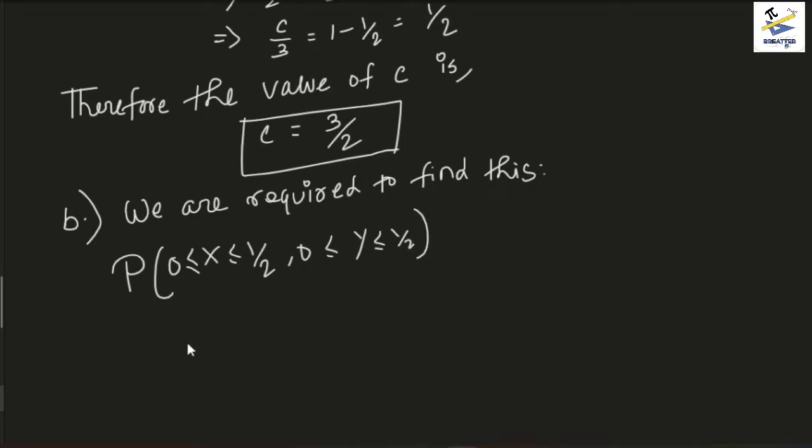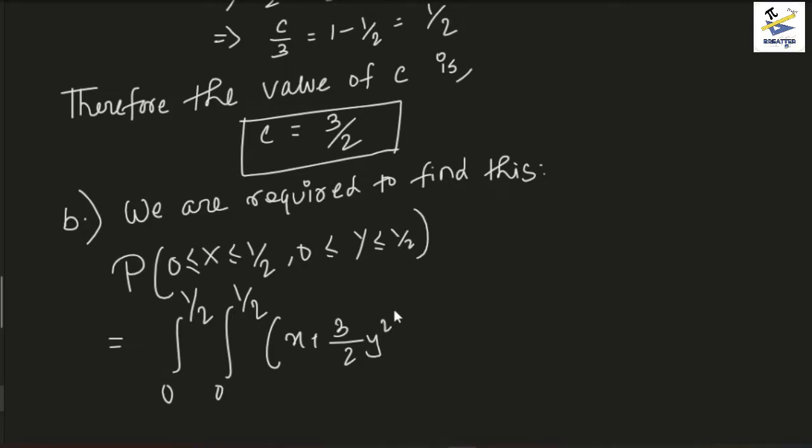And since we already know the joint PDF, it's easier for us to find this, because this equals the integral from 0 to 1 by 2, 0 to 1 by 2, of the joint PDF, which is basically x plus 3 by 2 y squared dx dy.